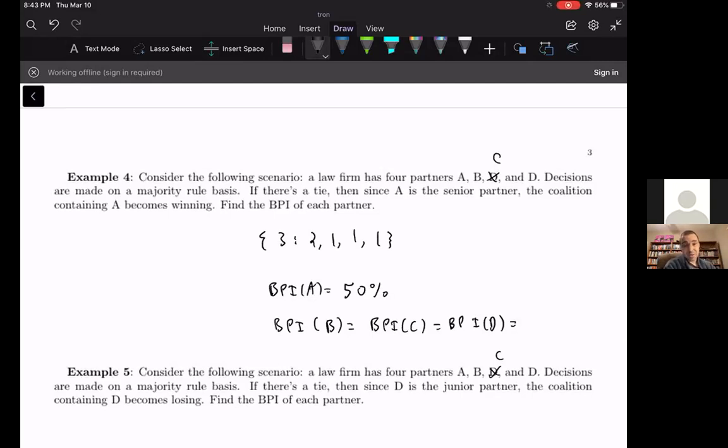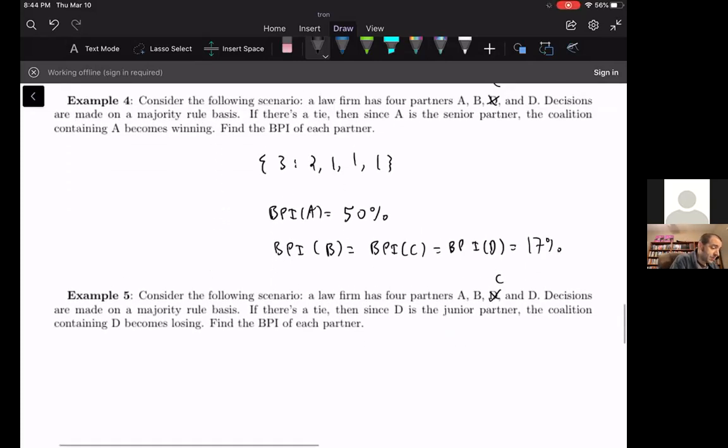So A's opinion matters half the time when somebody's opinion matters. And then the other 3 voters have like 17% of the power. So even though A has double the weight of the other partners, he does not have double the power. He has roughly triple the power. So that's a nice observation to make.